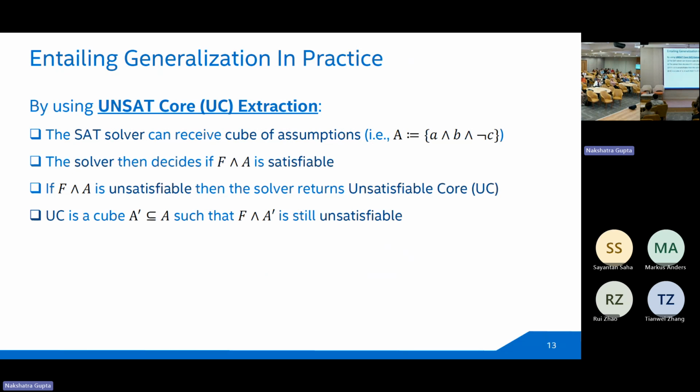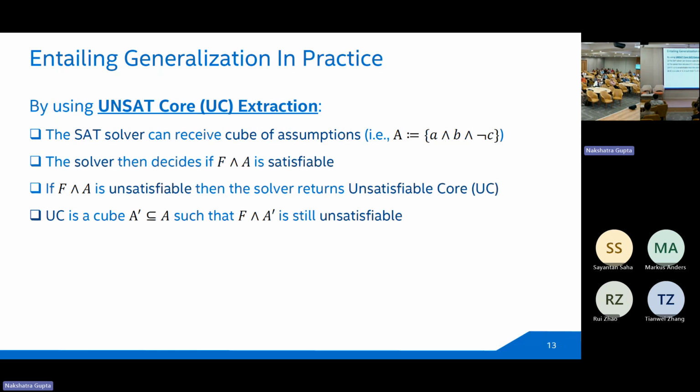So we know that a SAT solver given a CNF formula can decide if the formula is satisfiable or not. In addition, on top of that, a SAT solver can receive a cube of assumptions. So for example, A and B and not C. And then the solver can decide if this formula under those assumptions is satisfiable or not.